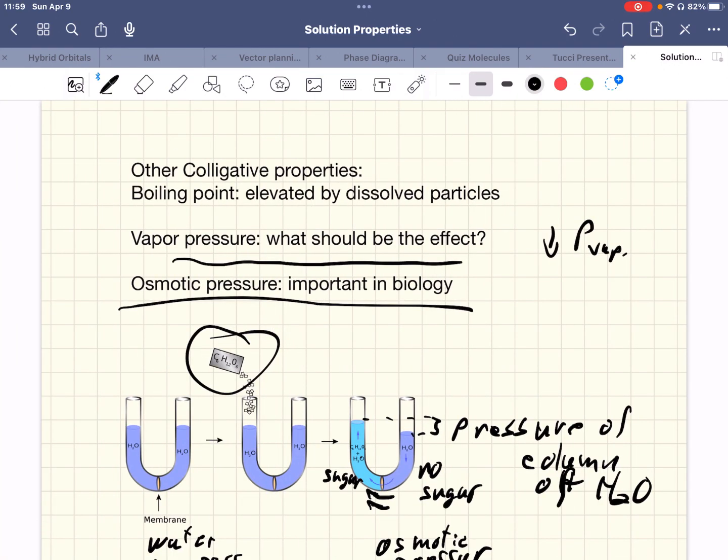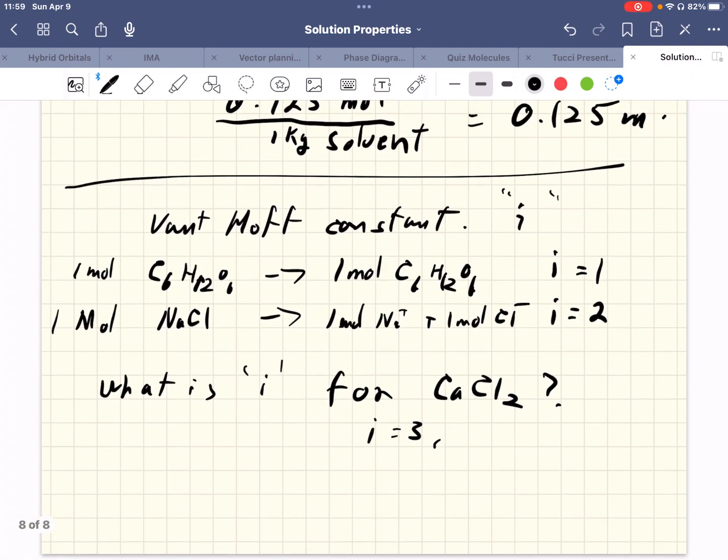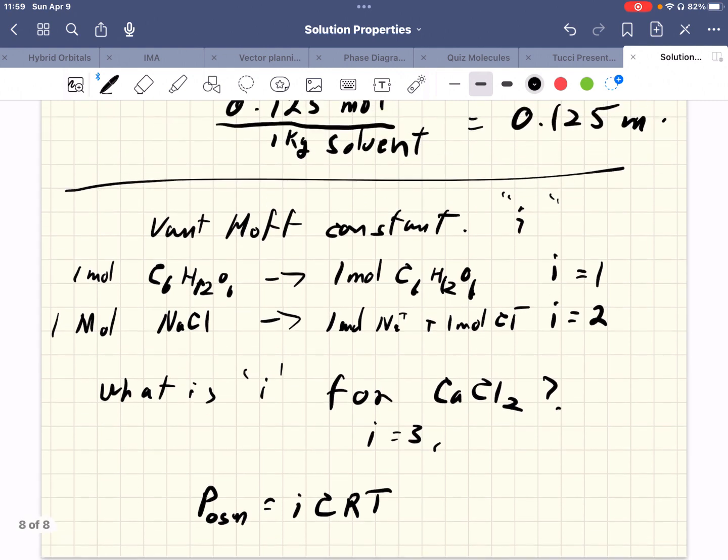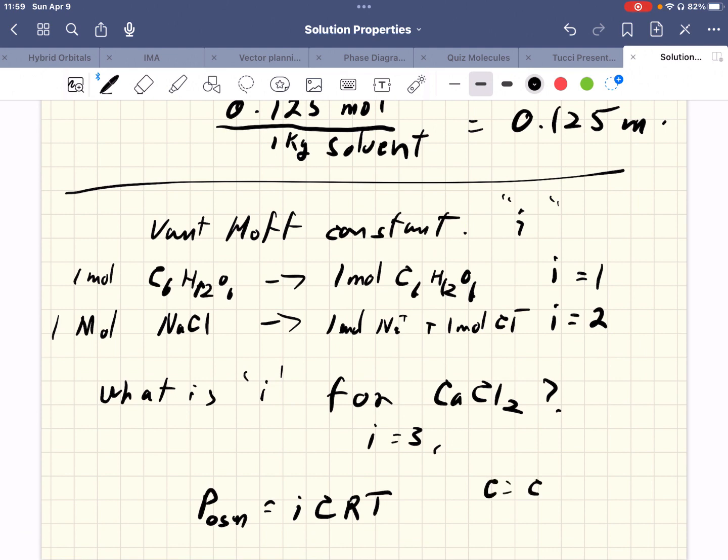So in figuring out colligative properties, if I'm trying to figure out the vapor pressure, for example, or the osmotic pressure, it is often given as i times the concentration times the gas constant times the temperature in Kelvin. So that's the concentration, R is equal to the gas constant.